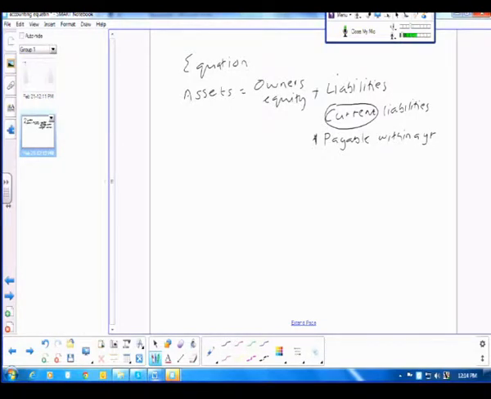What are examples of current liabilities? Here are our examples: our creditors, our suppliers. Creditors are suppliers from whom the business purchases goods on credit.